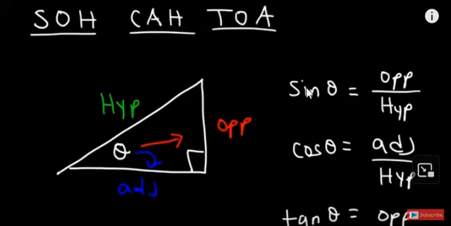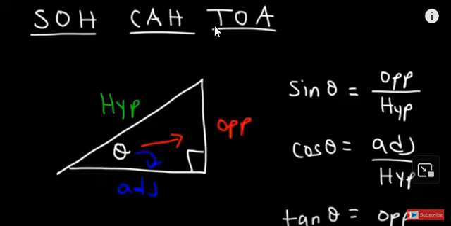So let's look at it here in a more expressed form. Sine of this angle is equal to opposite, O, over hypotenuse, H. The cosine of this angle is equal to adjacent over hypotenuse.